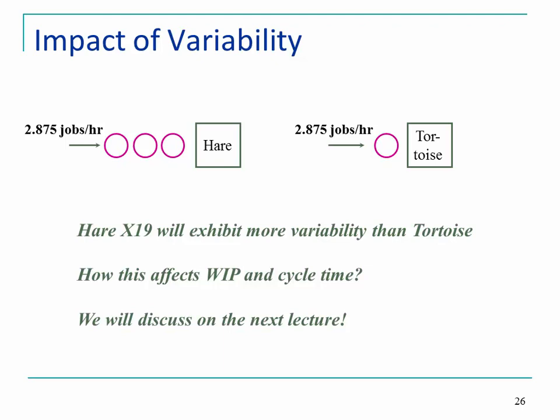We're going to go into those details in the second part of this lecture. I just give you an idea of what the problem is, but we're going to go into the analytics behind it. We're going to show it to you with the numerical analysis.